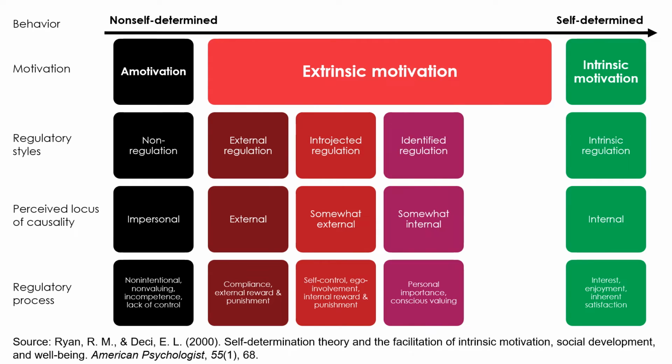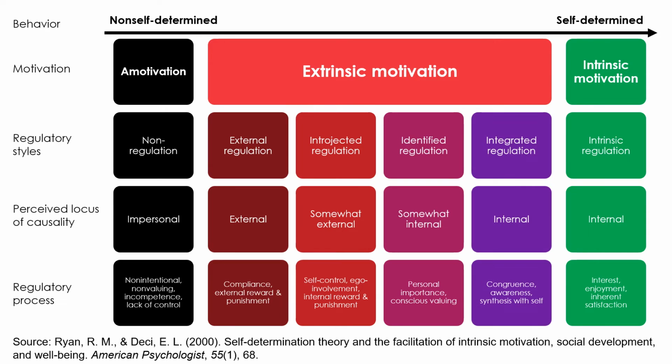A more autonomous or self-determined form of extrinsic motivation is regulation through identification. Identification reflects a conscious valuing of a behavioral goal or regulation, such that the action is accepted or considered as personally important. Finally, the most autonomous form of extrinsic motivation is integrated regulation.